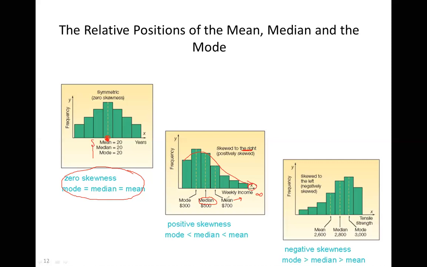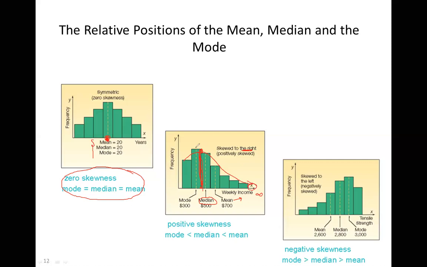Okay, so now we'll find the mean is a little bit closer to infinity, which means it's not exactly in the center of the graph. Mostly we can say the center of the data can be roughly approximated from the graph. So we'll find the median mostly in the middle, and then the mean is a little bit larger in the case of skewed to the right, and we'll find the mode is less than the median.